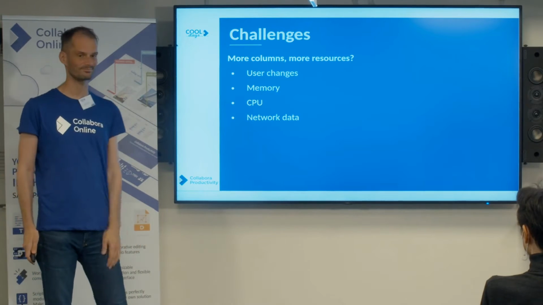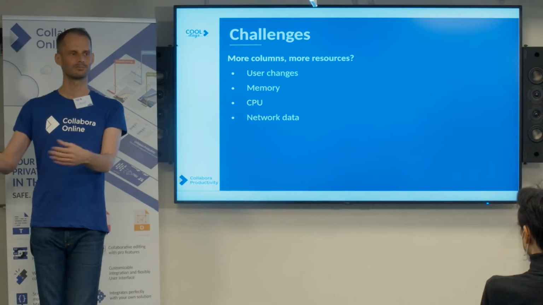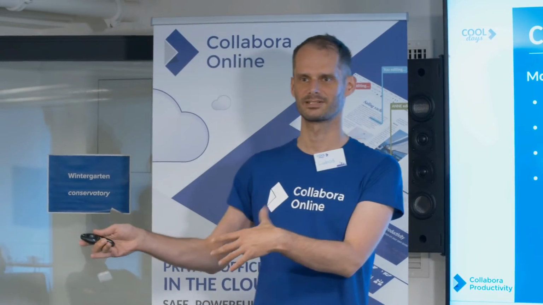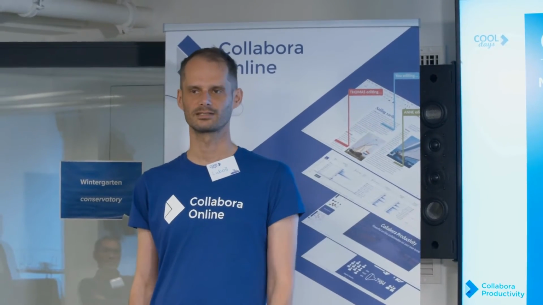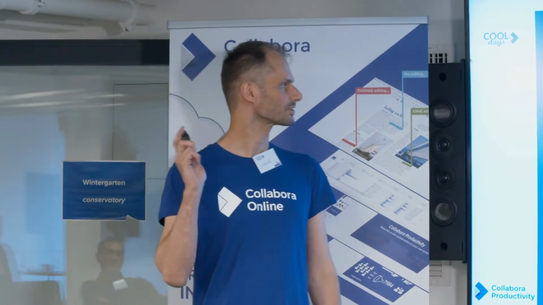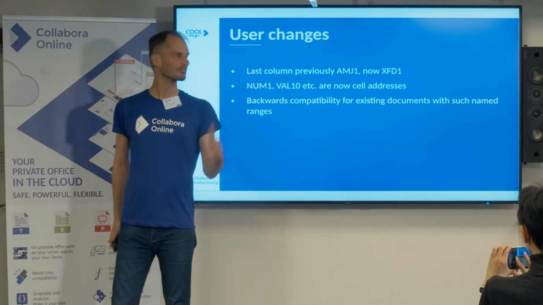So the basic problem is simple. If you enable more stuff, then you have more stuff, and this more stuff can create problems. It needs more memory, it needs more time to process, it can be more data to be sent over the network. There can be actually even some user changes.